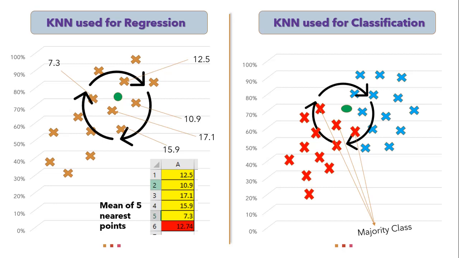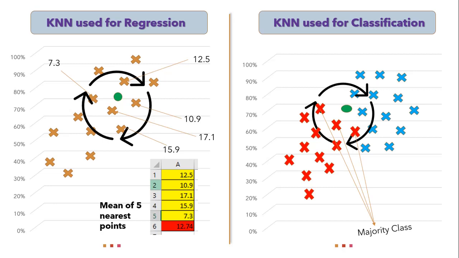So if you can see on the screen, for the highlighted unknown point, again we'll look for the 5 nearest data points, check the majority of classes among these 5 neighbors in the circle, and take that as the output class for the unknown point. So it's clear that in regression we take the mean or median value of the k nearest points, whereas we take the mode of the k nearest points in case of classification.